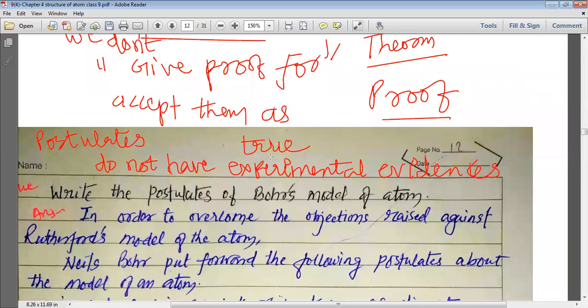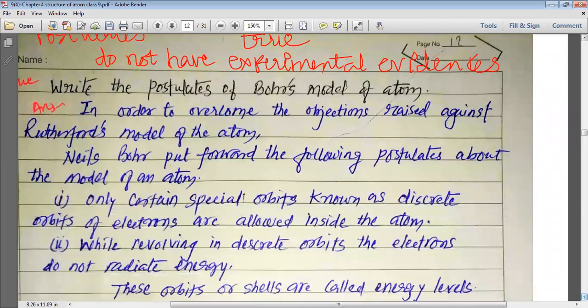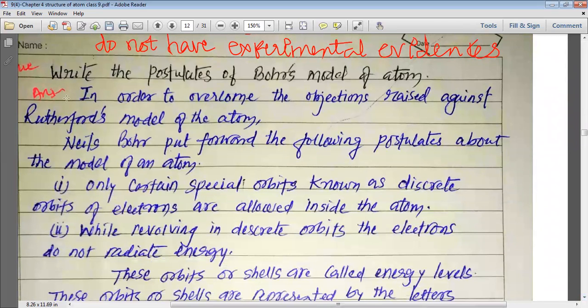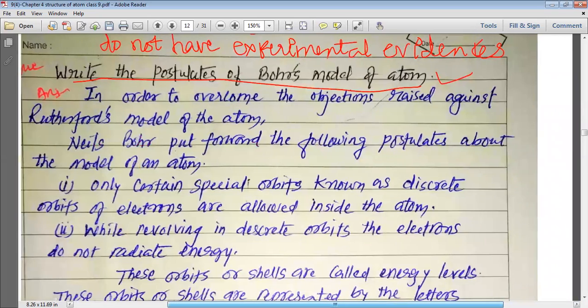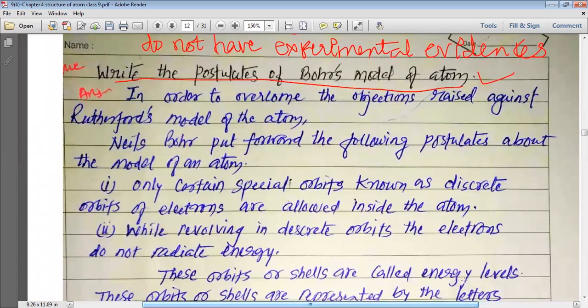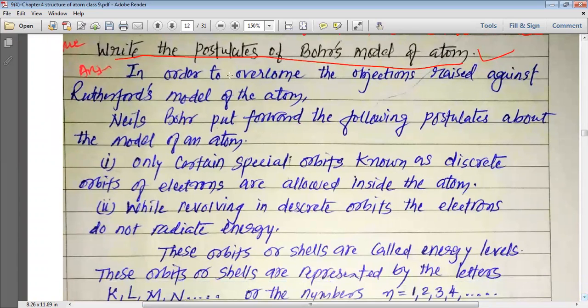So this is how, my dear students, these postulates were given by the scientist. His name was Niels Bohr. So now the question is, write the postulates of Bohr's model of atom. What postulates did Bohr give about the structure of an atom? Let us look into that. So let's read all those postulates and try to understand them.